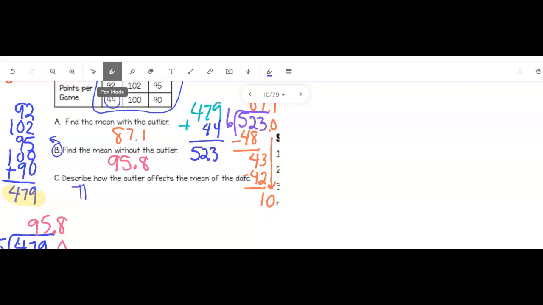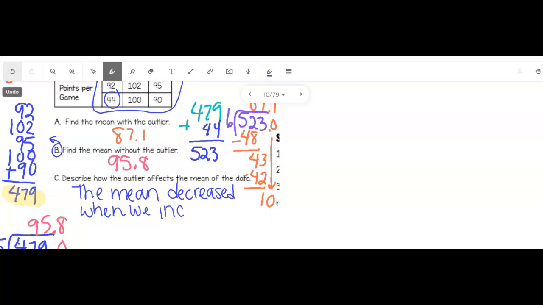Let's see, the mean, or the average, decreased when we used the outlier, or when we included the outlier. So that is what we're going to do with mean in these notes.